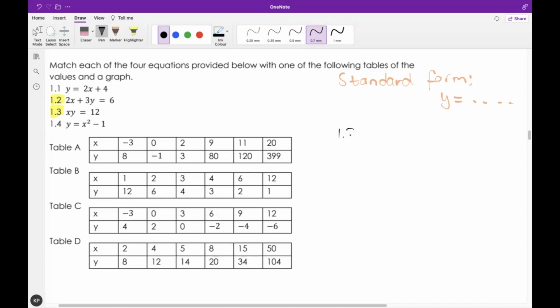Let's start with 1.2. 1.2 says 2x plus 3y equals 6. I want y to be on its own. So first, we need to get rid of 2x. How will I get rid of this 2x that's next to my 3y?